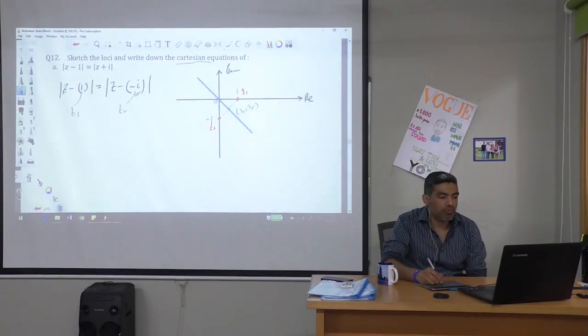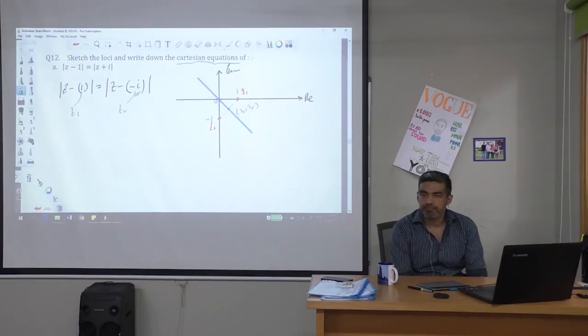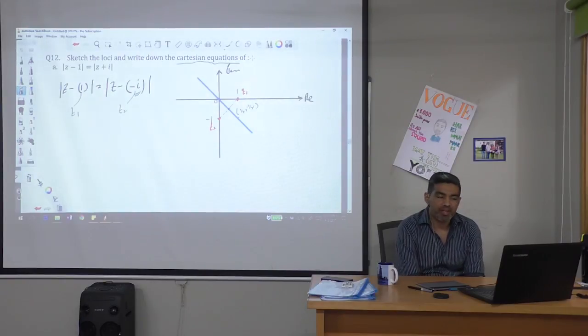Can we also find the Cartesian equation of the line? The Cartesian equation of the locus, the blue line that we just found? Yes. Let's find that out. We need to find the gradient.